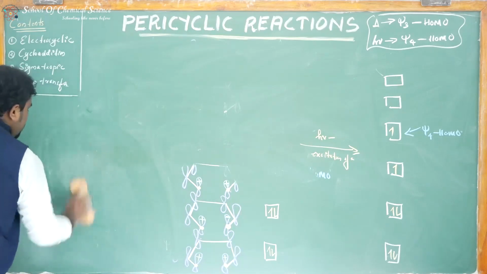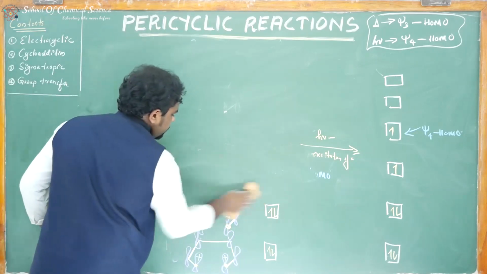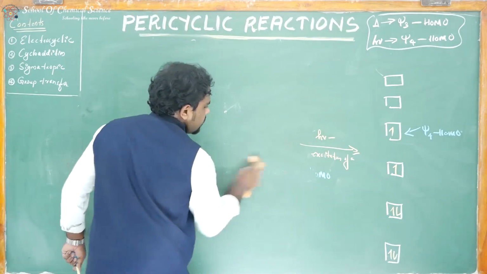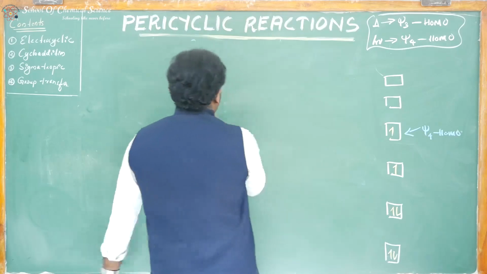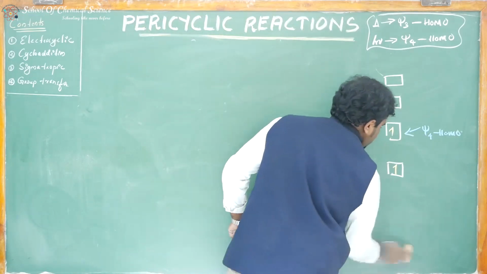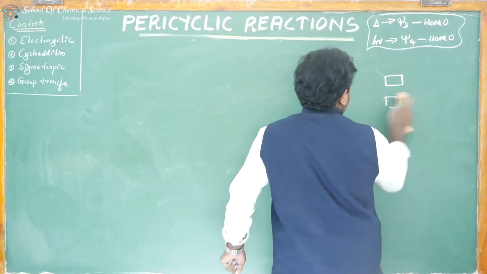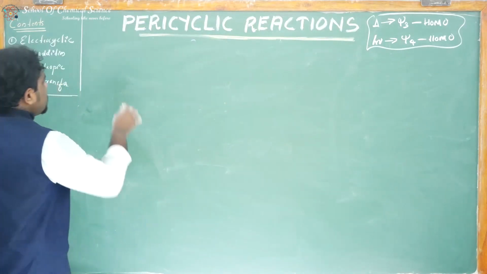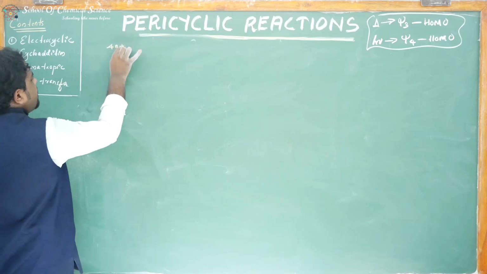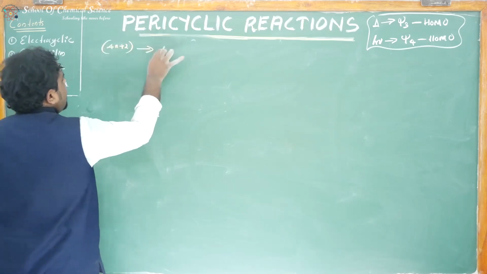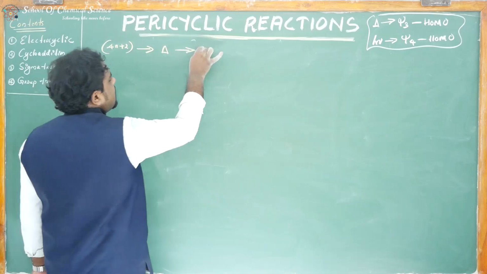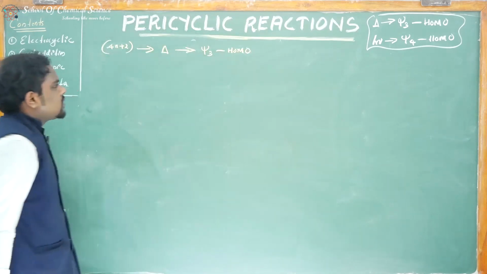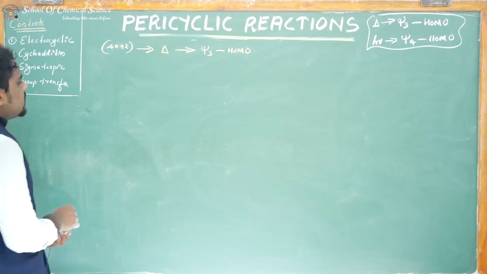For the 4n plus 2 system under thermal condition, psi 3 is the HOMO.